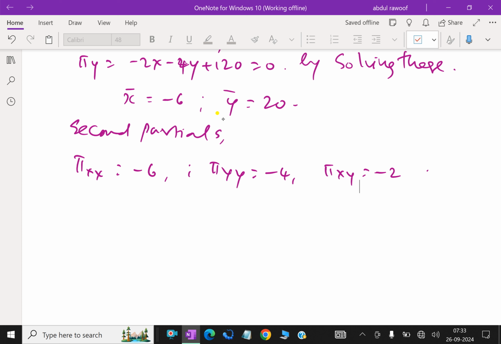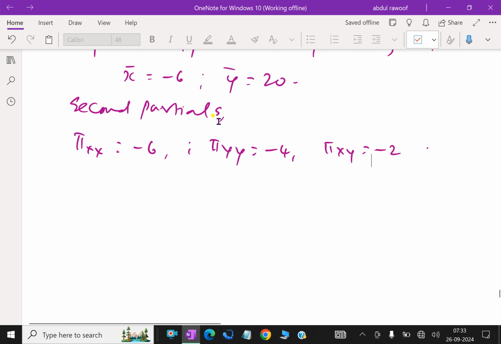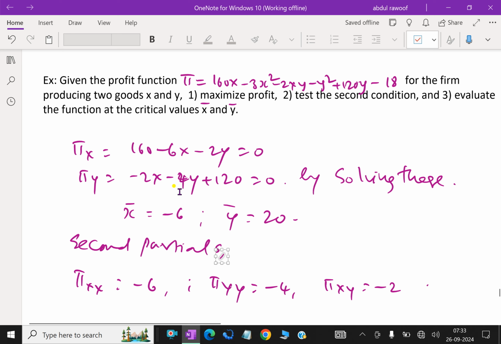Then by substituting, the second condition is tested.